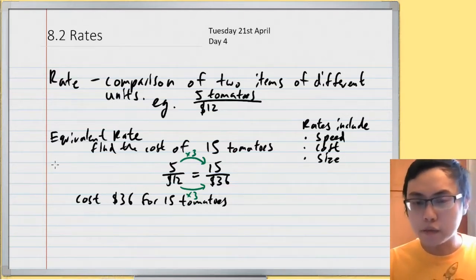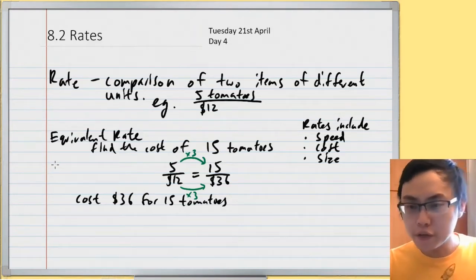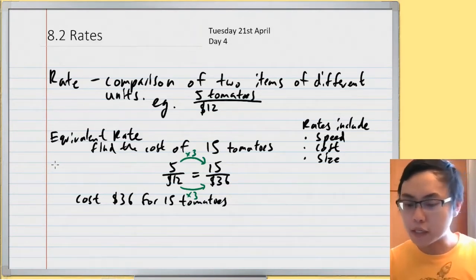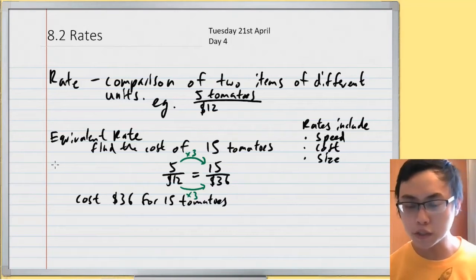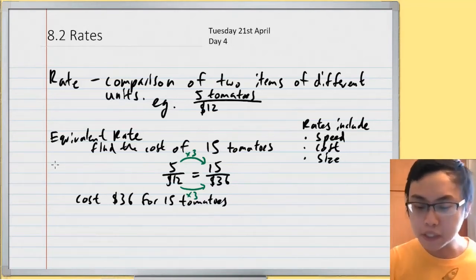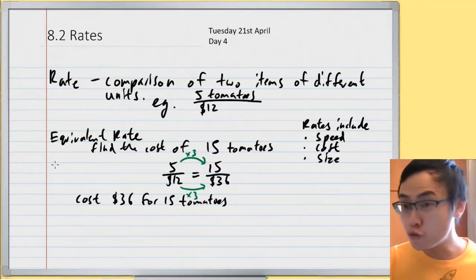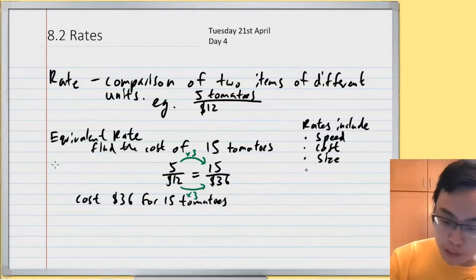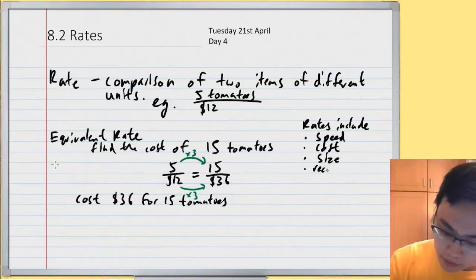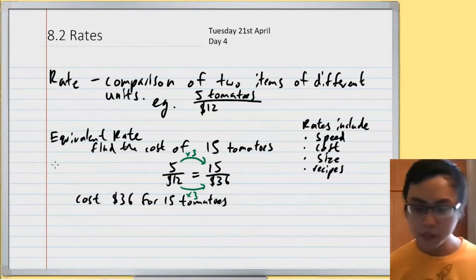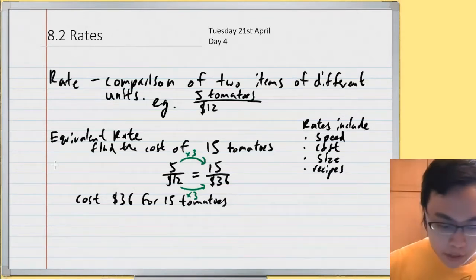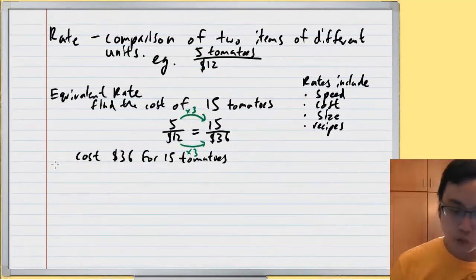You can say, the amount of red material, how much is that going to cost? So most have to do with cost, size, speed, and food. You can have a lot of rates in food recipes, and so on.